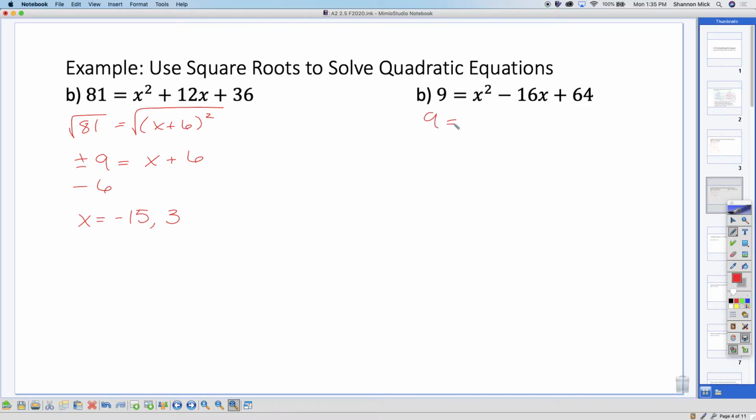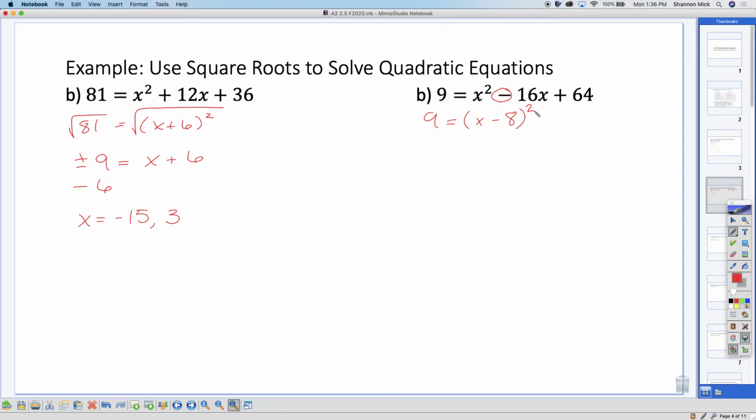You're just forgetting a step. You should have factored the right-hand side. What'd you factor the right-hand side into? X plus 8. Minus 8? Why is it minus instead of plus? Because the middle term is negative, right? They both will have that negative sign.